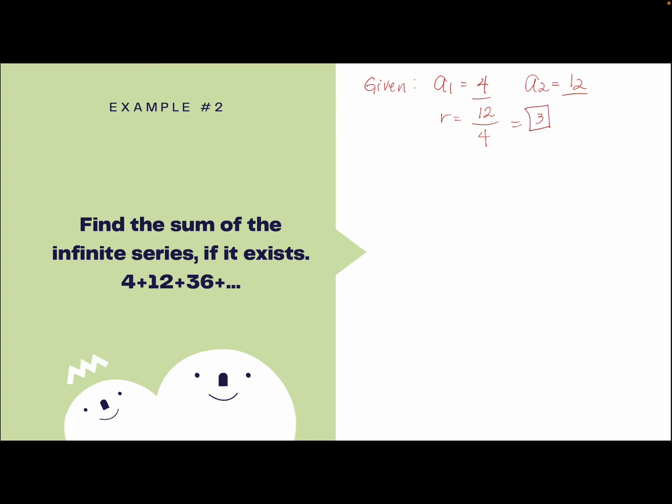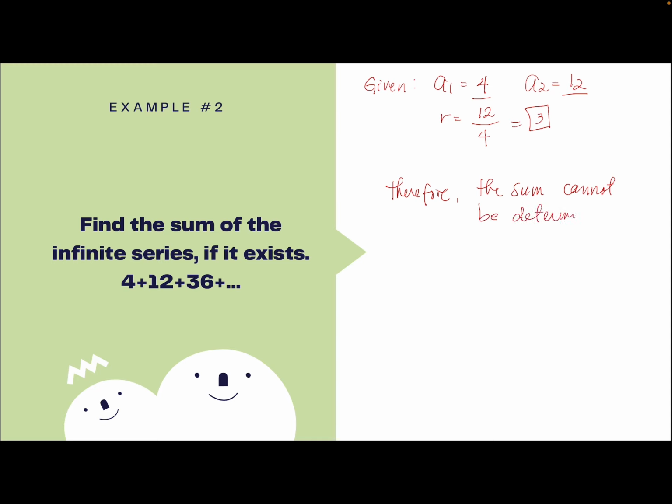So, if you will notice here, since our common ratio is 3, it is greater than or equal to 1. So, meaning, the series diverges. Kanina, the series converges. On this time, the series diverges. So, therefore, we can conclude here, the sum cannot be determined.